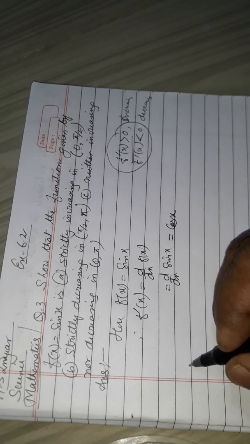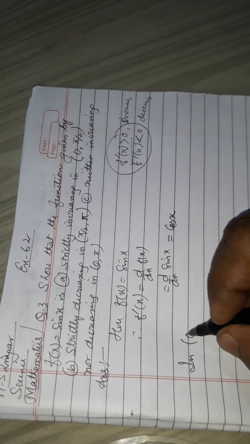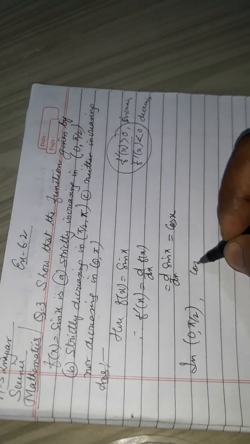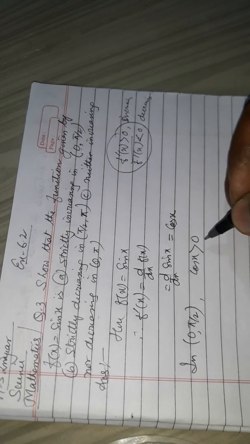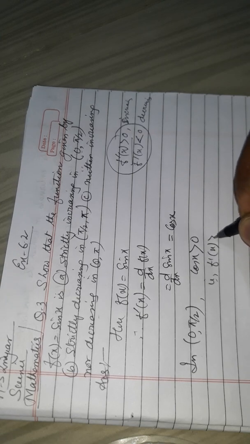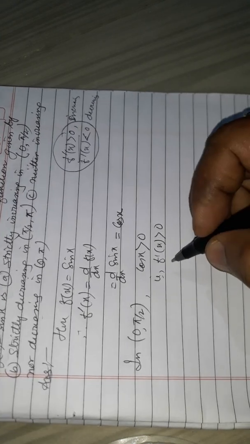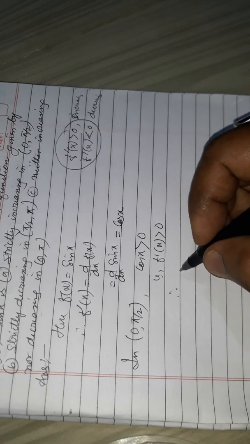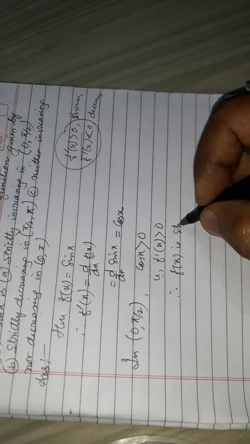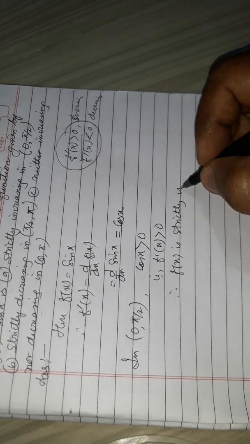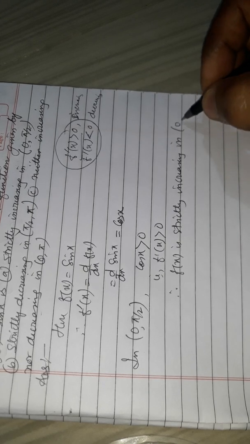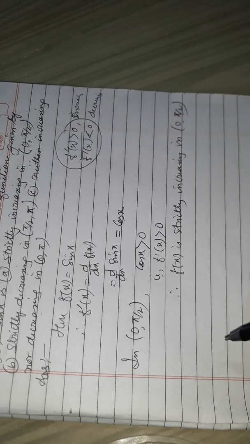Then in the open interval 0 to 90, cos x always gives a positive value. That is, f'(x) is positive. Therefore, f(x) is strictly increasing in the open interval 0 to 90.